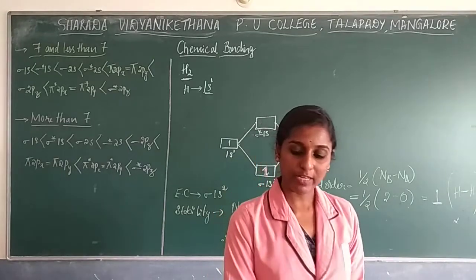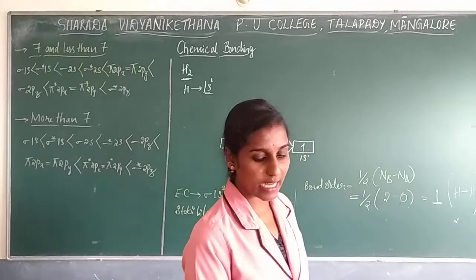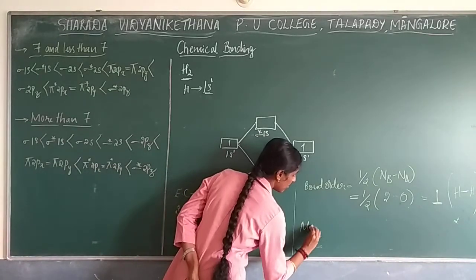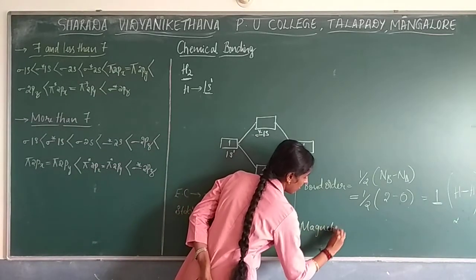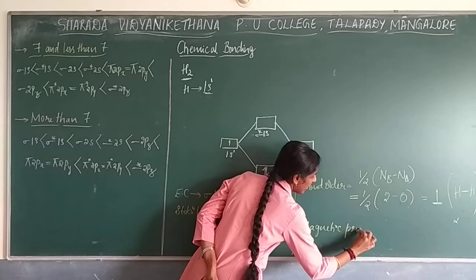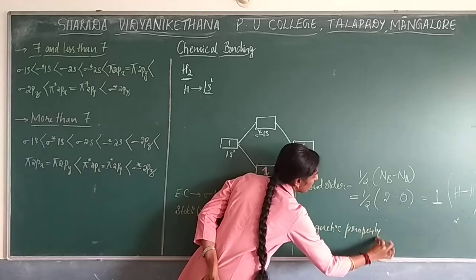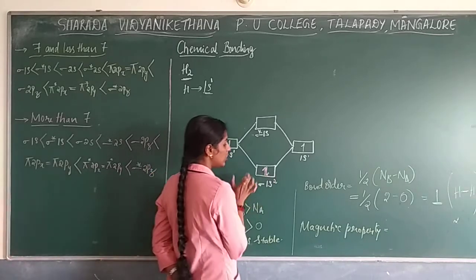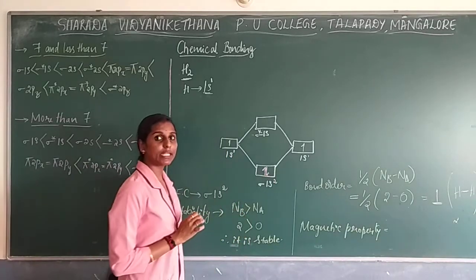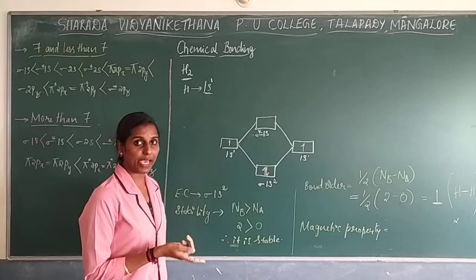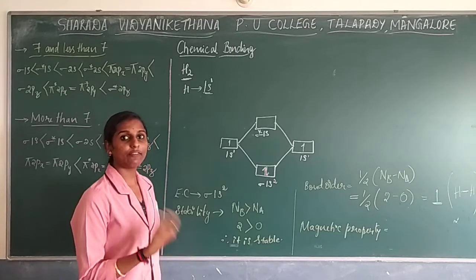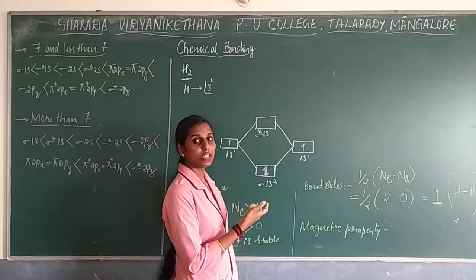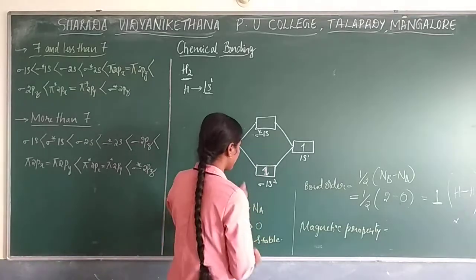Next we are going to deal with the magnetic property, whether it is diamagnetic or paramagnetic. What is meant by diamagnetic property? If it has paired electrons, it is considered diamagnetic. If it has unpaired electrons, it is considered paramagnetic.